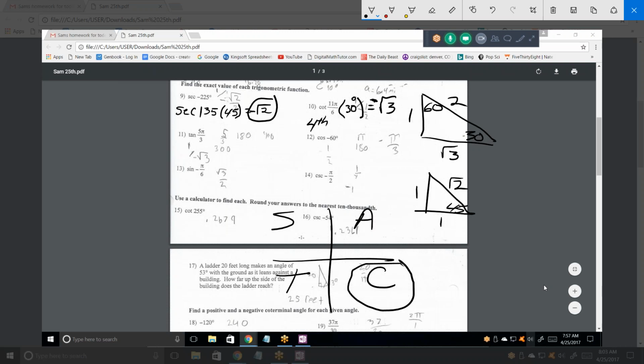Sam, are you taking Algebra 2 or are you taking Algebra Trig? I'm taking Algebra 2 Trig. Okay, so you're taking the Trig course. You're not going to take Trig again next year. I'm taking college algebra next year. College algebra. Right, there's no trig involved in that.